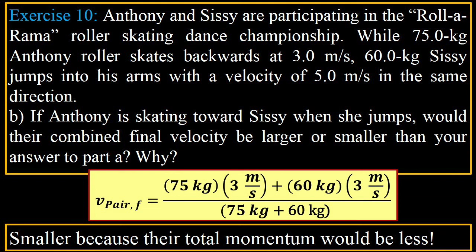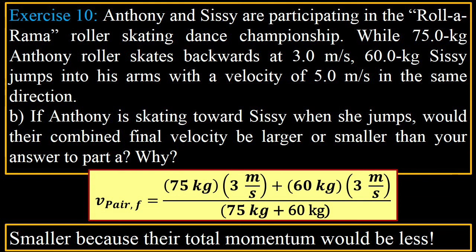Well, in the last problem Anthony was moving backwards, but that was actually positive because his body is orientated backwards. But he's moving in the positive direction. If he's moving towards Sissy, he's moving in the negative direction. So if you see in the numerator where 75 times 3 is a positive value, that would be a negative value because 3 would be negative.